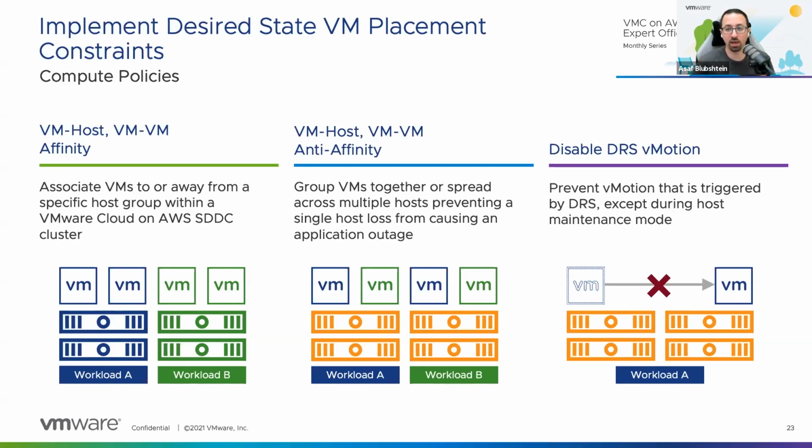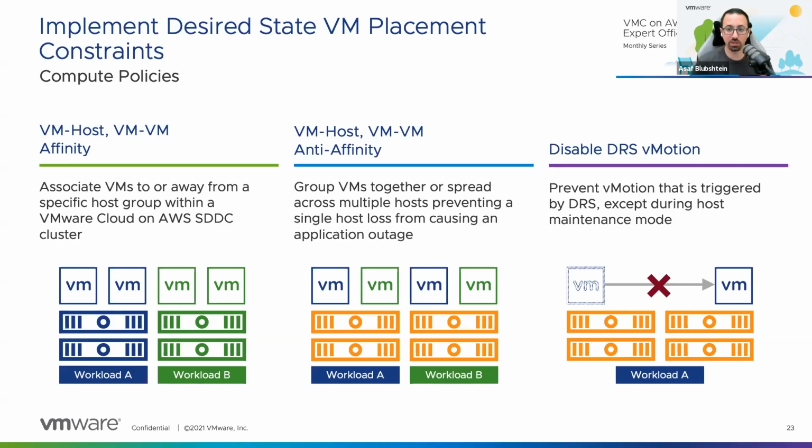However, if you have a virtual machine that is very sensitive to any type of network blips, even a vMotion, which is less than a ping, some workloads might have an issue there. So you can disable DRS vMotion.